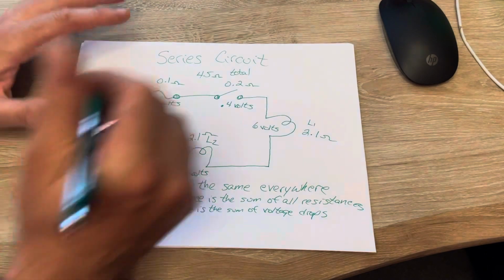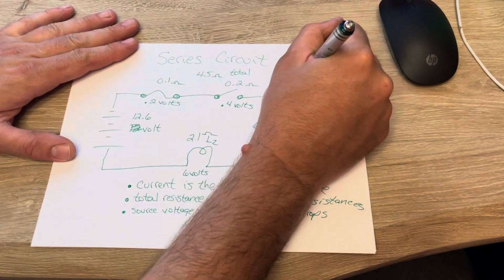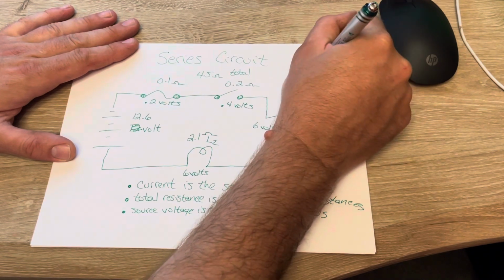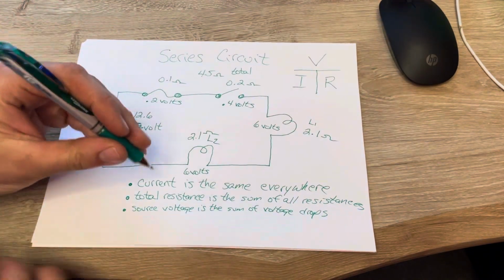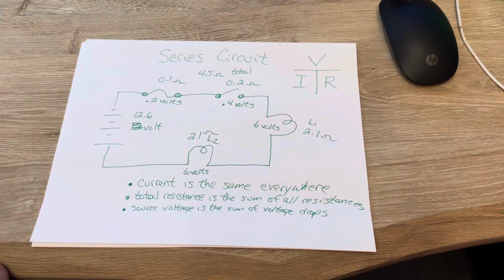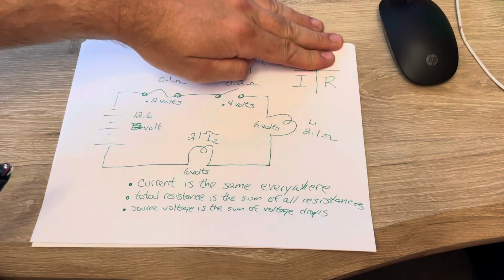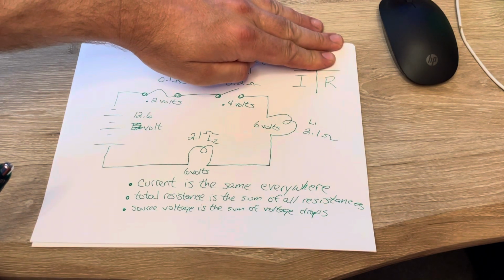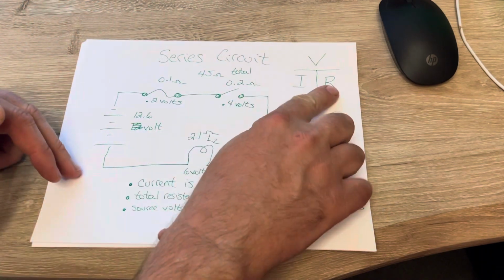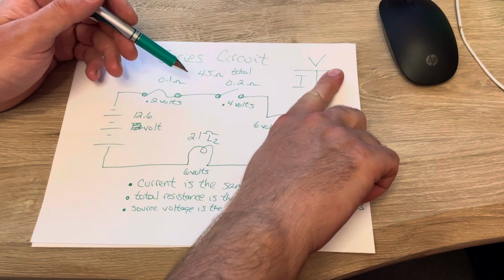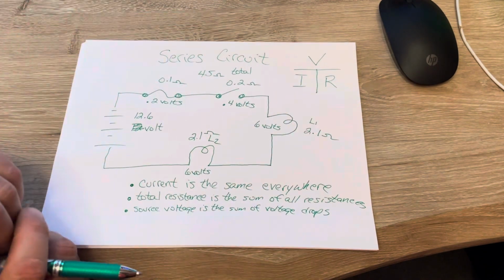We can then use Ohm's law along with the three rules to determine what voltage is if we know what the resistance and the current is. Okay? We can solve for resistance if we know what the voltage and the current is, and so on and so forth.